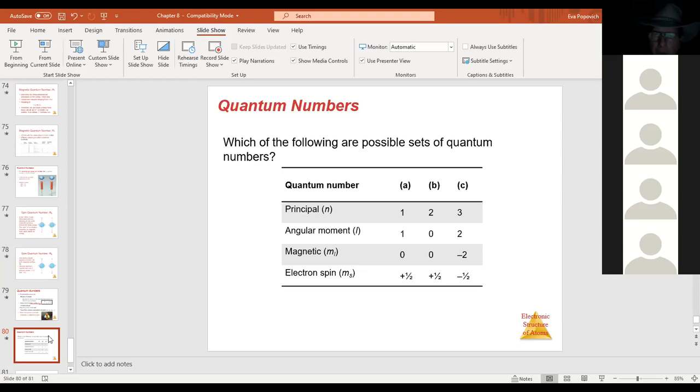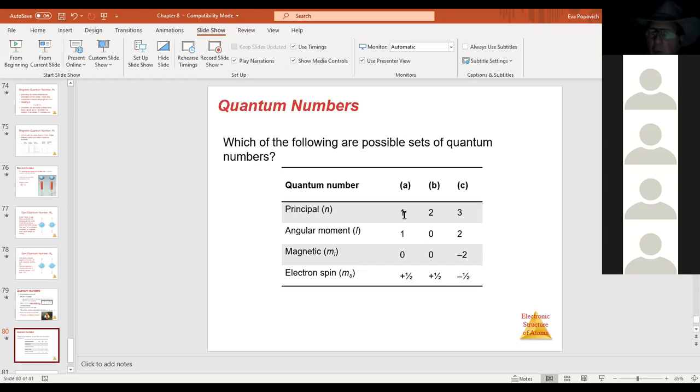Okay. Is it possible for n to be equal to 1? Not if L is 1. What were my rules for n? Yeah, L is n minus 1, right? So they can't be the same. No, n can be 1 because n has to be a whole number and it can't be 0.